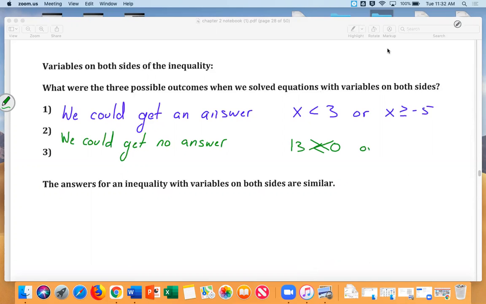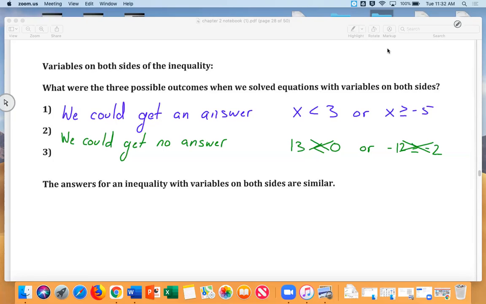Or we could have like -12 is greater than or equal to -2. And this is no solution. Now, one thing I want you to notice is that when we get an answer, we have x's left over. When we have no solution or no answer, notice there were no x's left over. It was just numbers, okay?